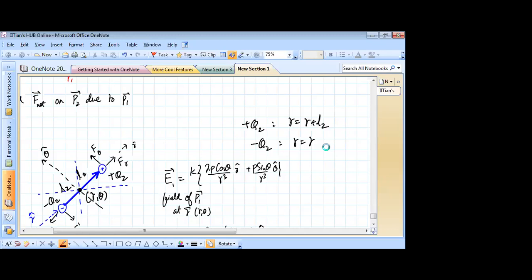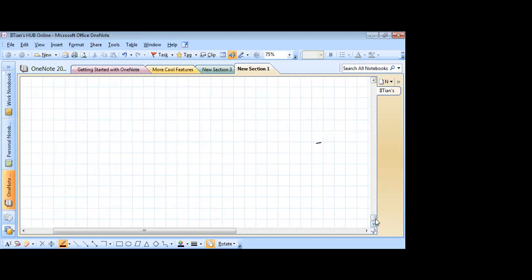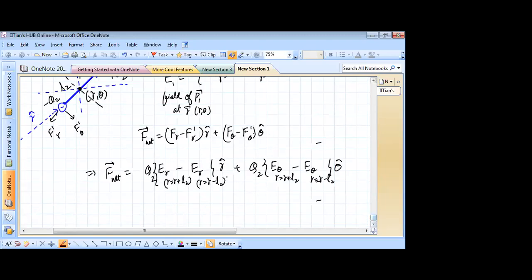The center point of that dipole is at the position vector R. So the actual charges are at a distance more than R along the radial direction and at a distance less than R along the radial direction. So that is why at the position of Q2, the field it is experiencing is the radial component of field at r plus L2 and the tangential component of field at r minus L2. And at the negative charge's position, that is F prime and F prime over here, the field it is experiencing is the radial component at this position and the tangential component at this position.